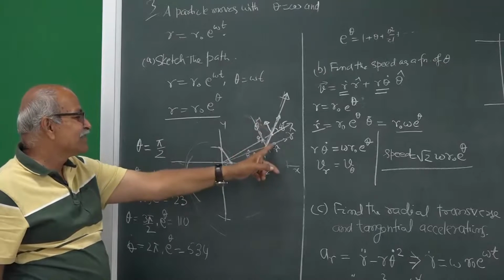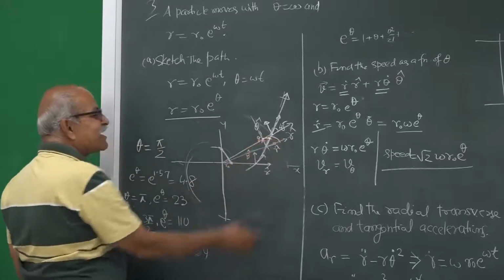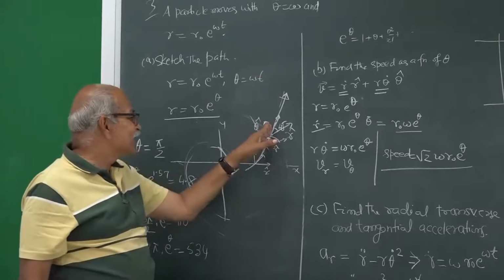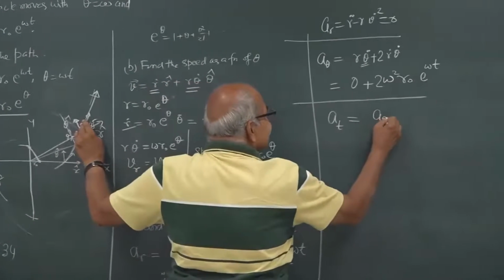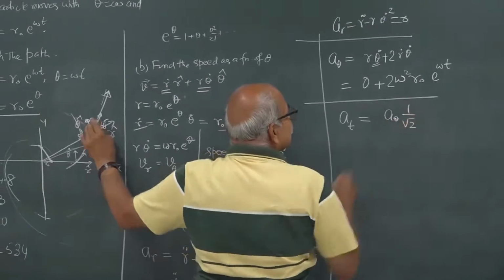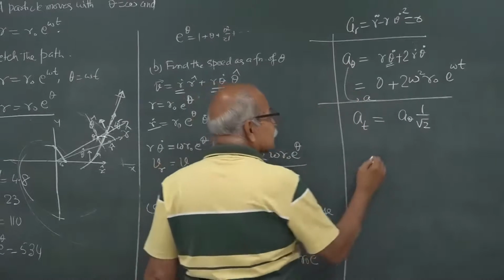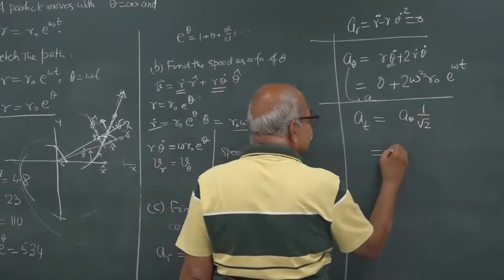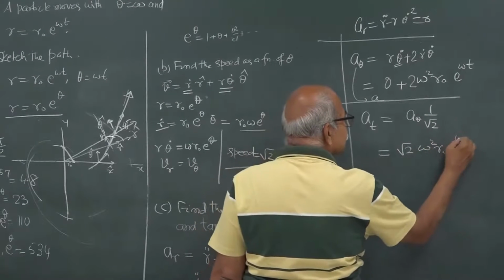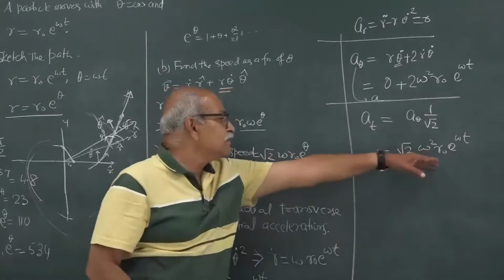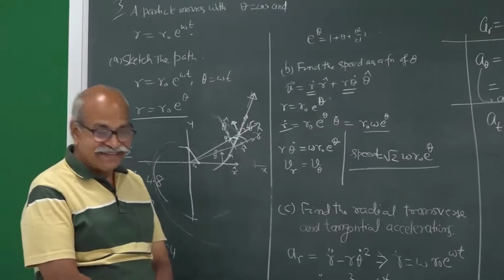We have seen that this angle is 45 degrees, cos of 45 degrees is 1 by root 2, and therefore this is a_theta times 1 by root 2. a_theta is the full acceleration. So, this is root 2 times omega squared r naught e to the power omega t, or e to the power theta if you so wish. That gives you the tangential acceleration.